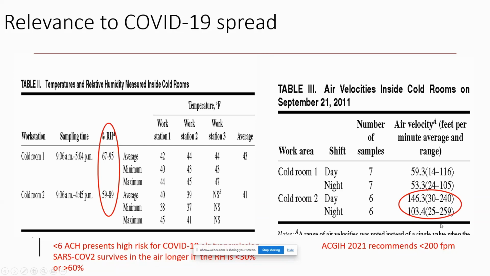So with a higher draft directed towards workers, it can increase the spread of the virus if there is an infected person in the room. Overcrowded rooms, no air changes, high humidity, and air drafts towards the workers are all a recipe for increasing the spread of COVID.